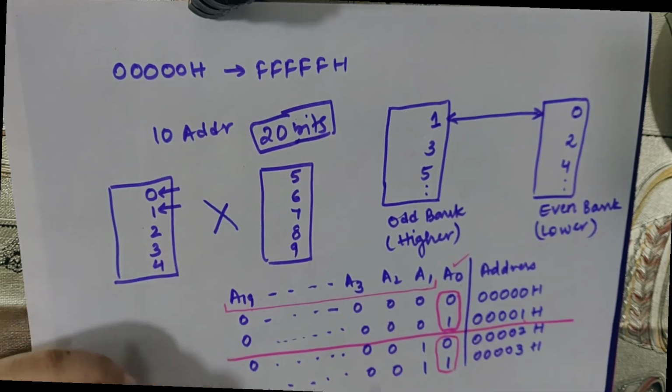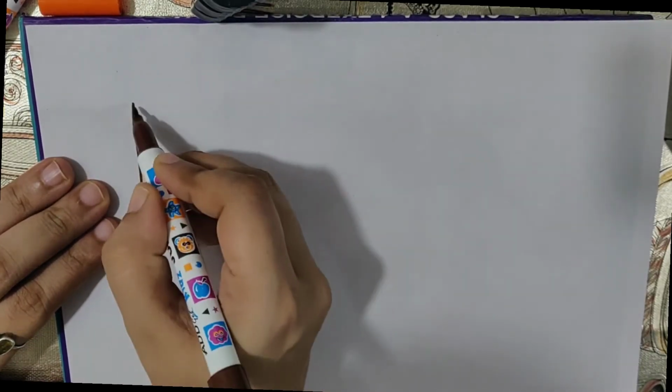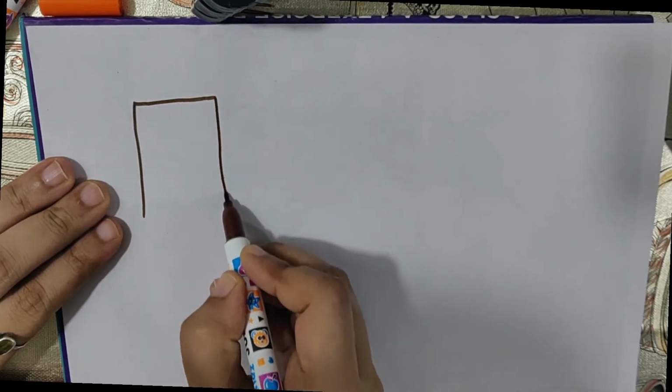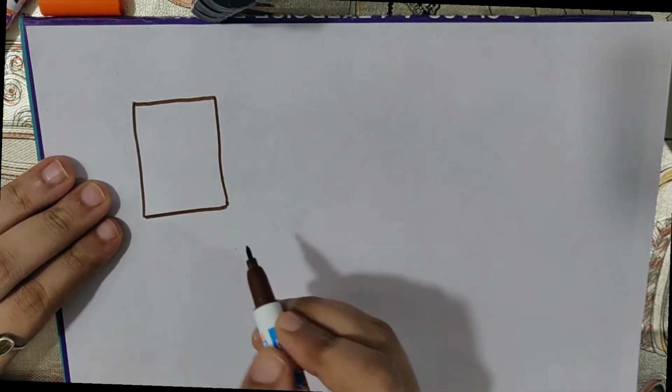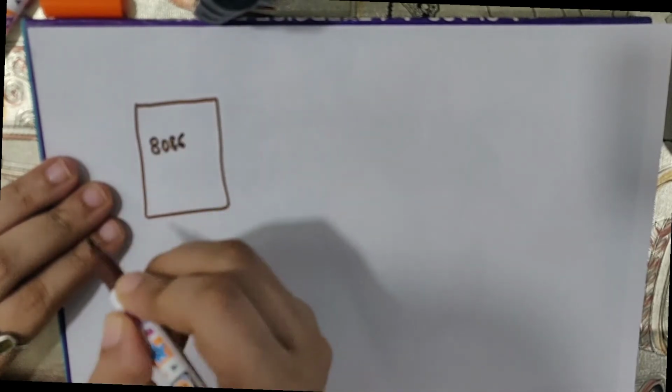Okay, now we will see the block diagram. So this is my microprocessor (8086).